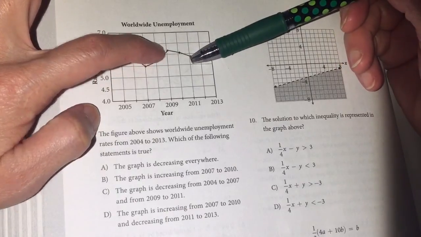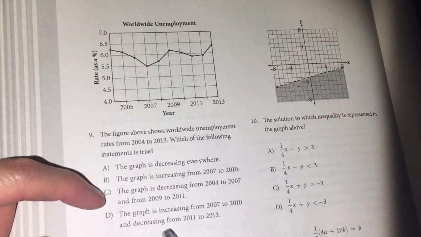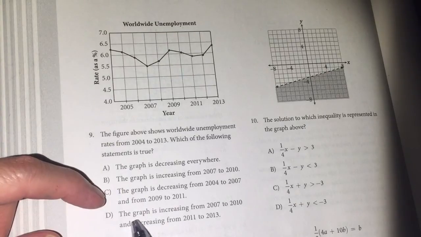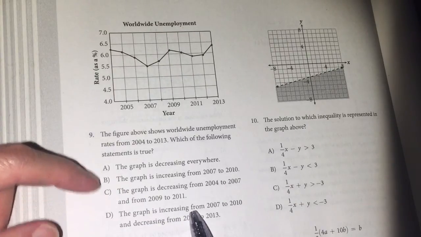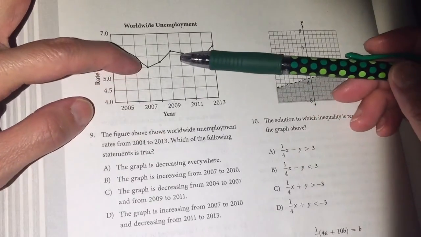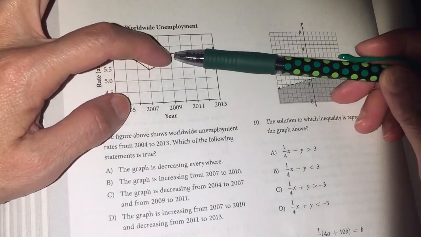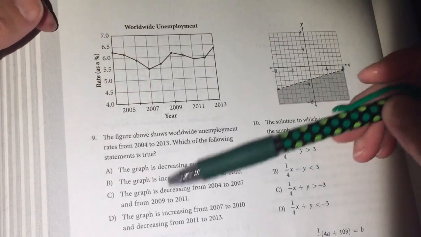This seems right. We pay attention to C and see if D can outdo C. The graph is increasing from 2007 to 2010. Oh, this is not right. It's 2009 that is an increase, and from 9 to 10, it's actually decreasing.